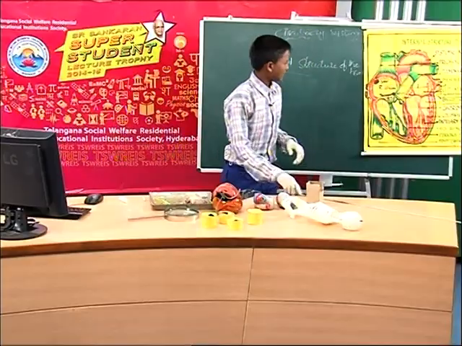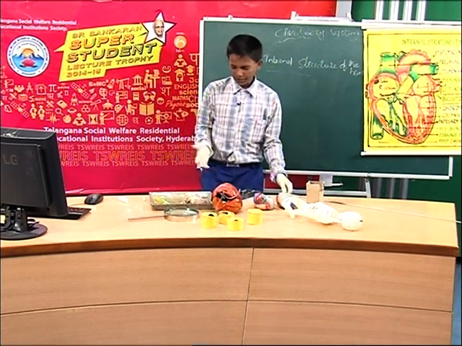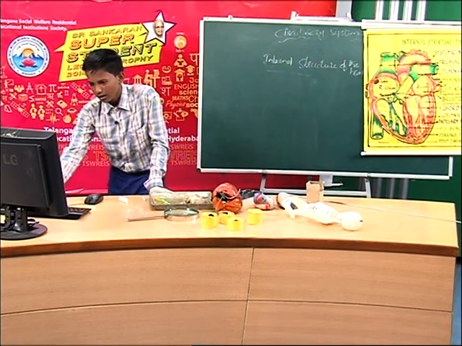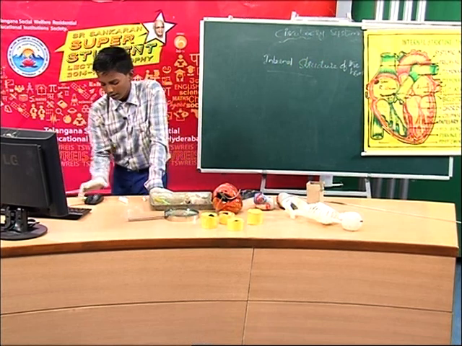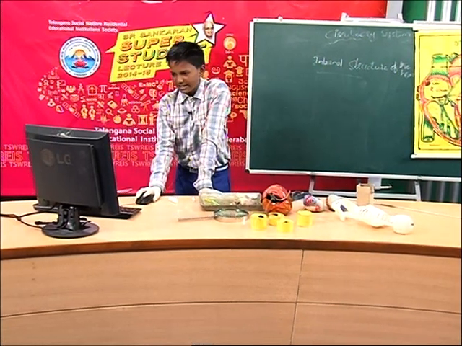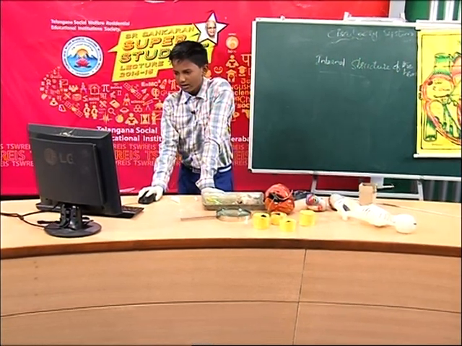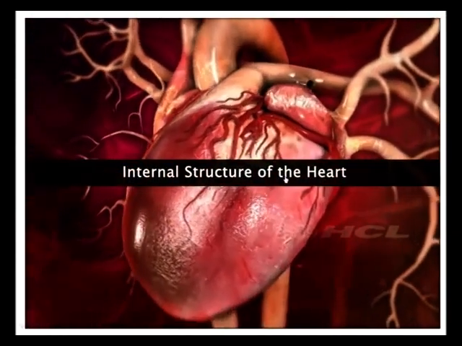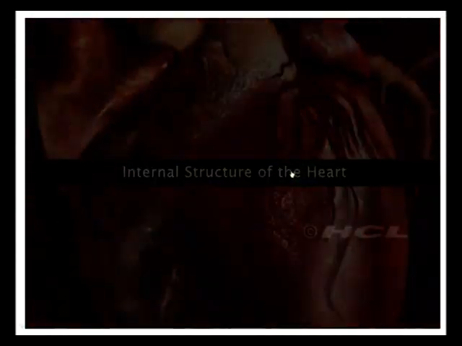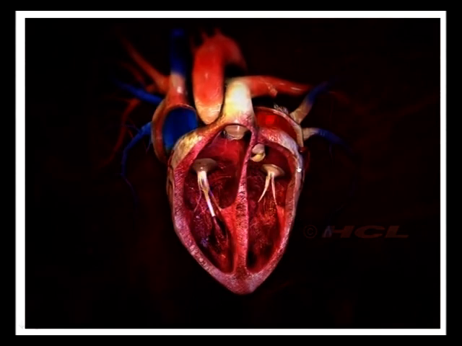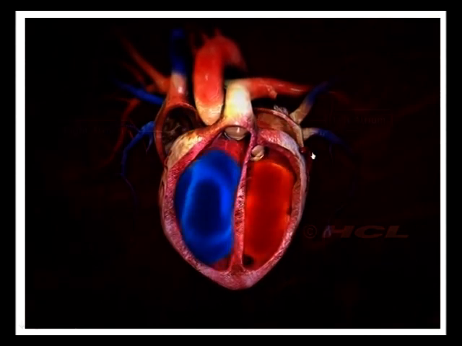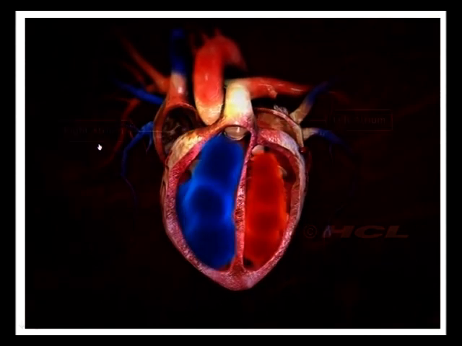So, Tswreis, now I will show you a video clip on the internal structure of the heart. Yes, wow. Look here, Tswreis. This is the right atrium and this is the left atrium. Look at how the circulation is going on.